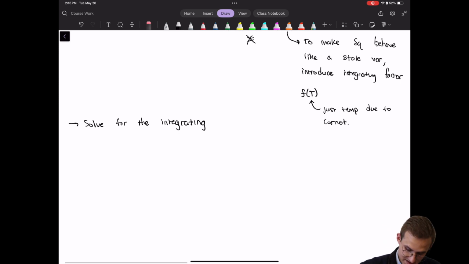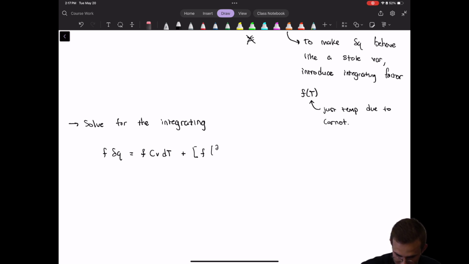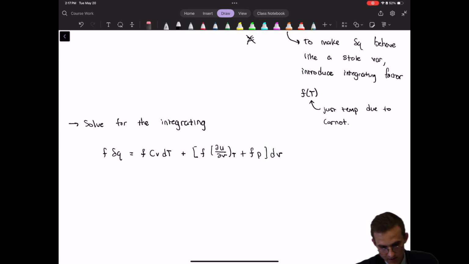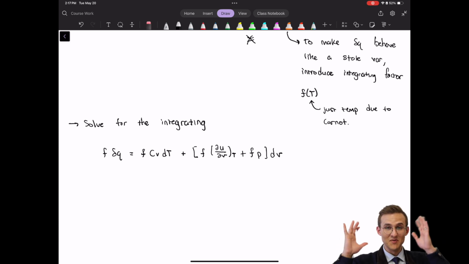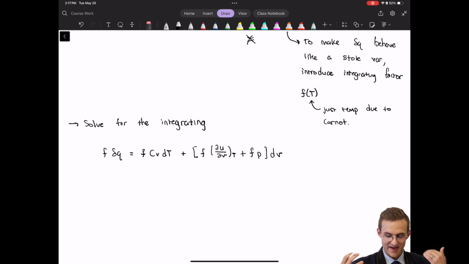And so what he does is he takes this F, the integrating factor, and you multiply both sides of that identity that we had before, which was delta Q equal to CV dT plus that quantity times dV. And so it's F times CV dT plus the quantity F times dU/dV at constant T, plus that quantity F times P dV.